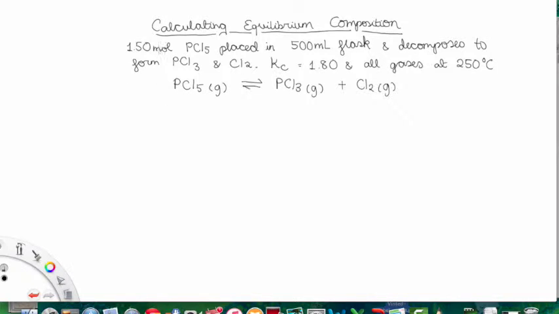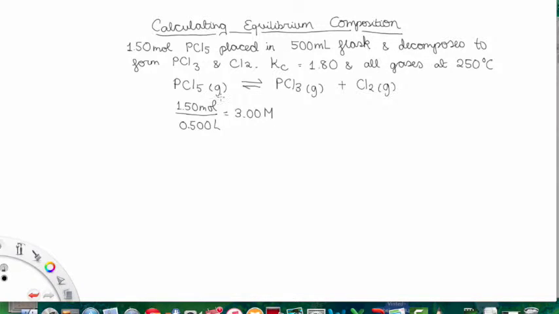Because they give us the number of moles and they give us the volume. So it's going to be 1.50 moles divided by 0.5 liters, because remember the units of molarity is moles per liter, so you always have to convert the units. And this gives us 3.00 molar. That's the concentration, or moles per liter.